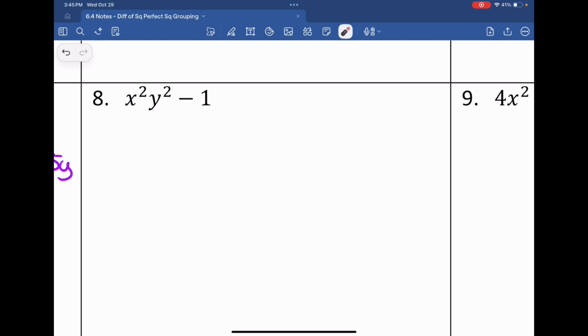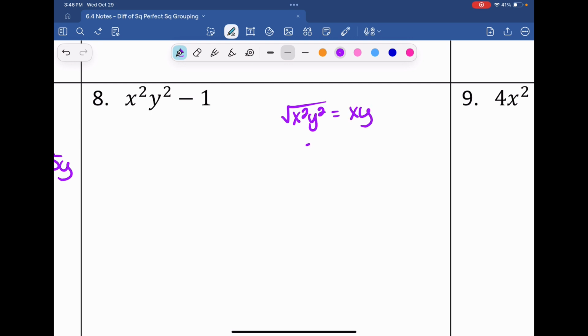Okay, subtraction. 1 is a square. X squared, y squared, both have even exponents. Difference of squares. So square root of x squared y squared is xy. Square root of 1 is 1.